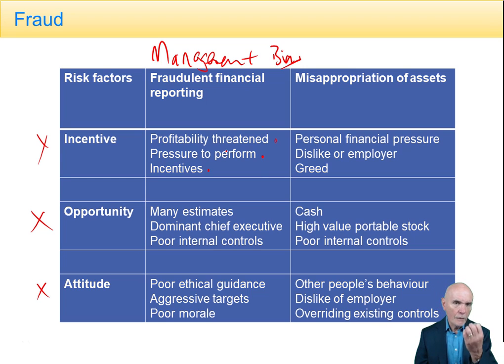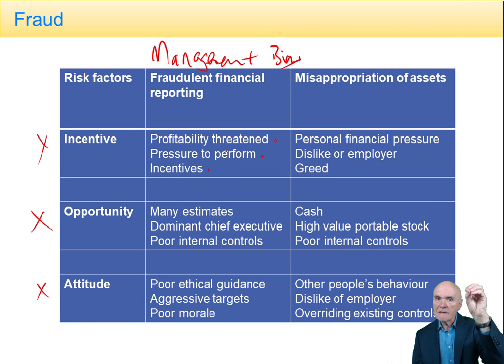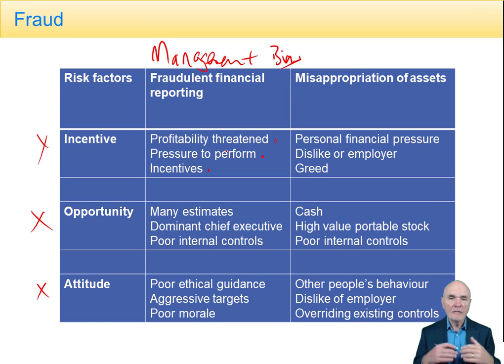People talk about tone from the top, that when we're talking about ethics in an organization, the directors and the board must be seen to be ethical, and all the way down through the company, and the enforcement of internal controls, and seeing why the internal controls, and dealing properly with customers and fairly with staff members and so on. Ethics right the way through the company is very, very important and has a role in actually preventing fraud as well.